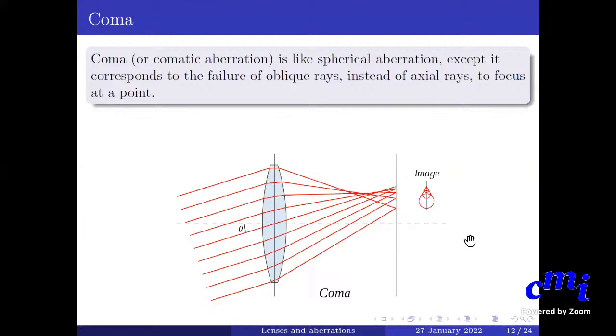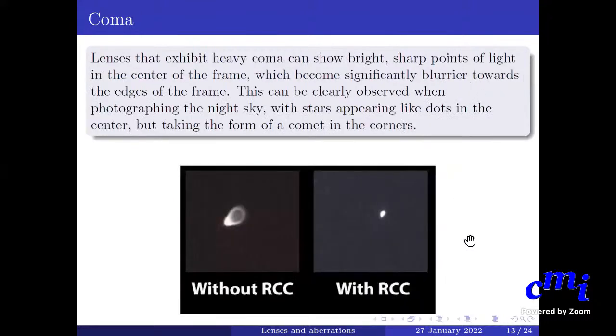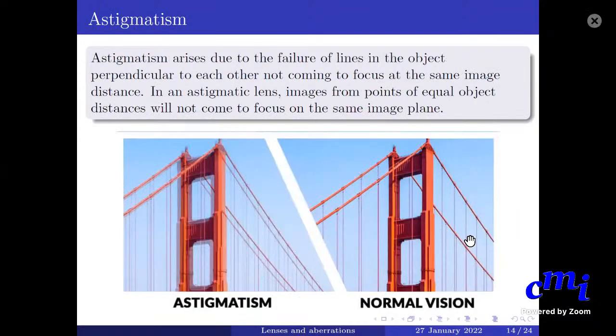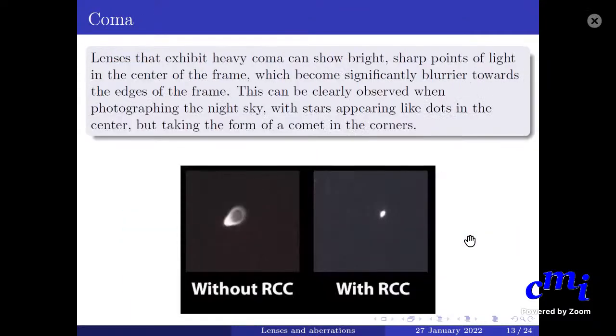This is called coma or chromatic aberration. It can be corrected using a device called RCC. Without an RCC, the image would have appeared like this, but with RCC you can see that this aberration is sort of reduced.